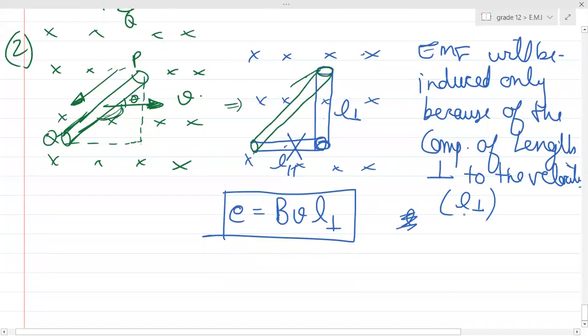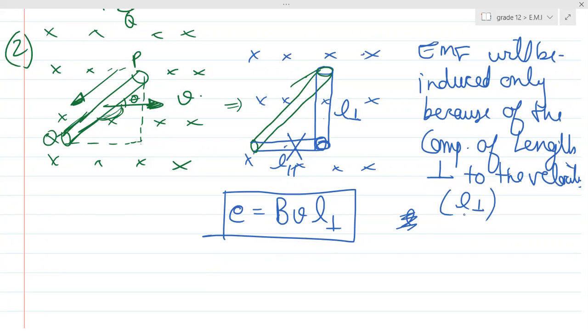I told you, no. For motional EMF to be produced, the lines should be cut. Suppose the lines are acting into the plane, and now your rod is like this. Can you see the rod is just brushing about the lines, right? It is not cutting the lines. The lines will be cut in the previous case, right? So the magnetic field lines are acting like this, and when this rod is moving in this direction, the lines will not be cut.